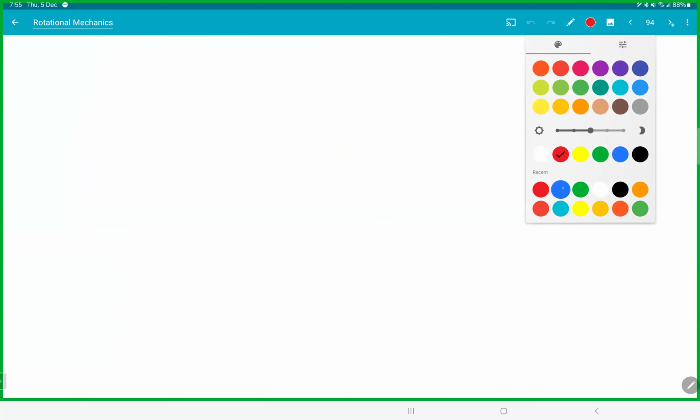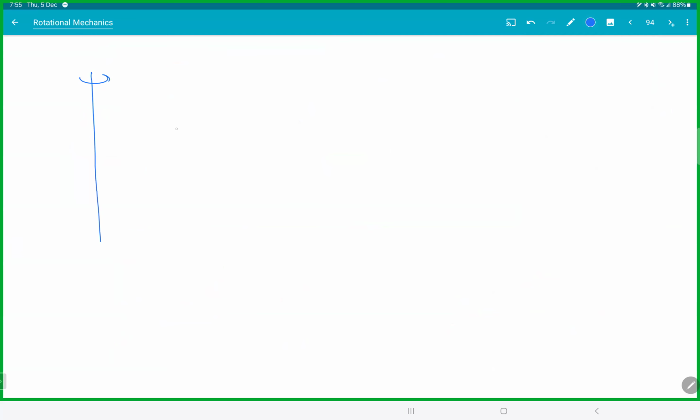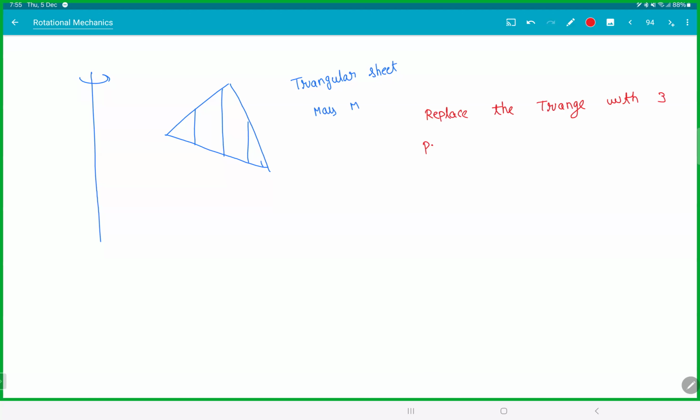And then we have one more weird one. Suppose this was the axis, and if you have a triangular sheet like this, what this theorem says is, replace this triangle with 3 point masses of m by 3 at the center of the sides.